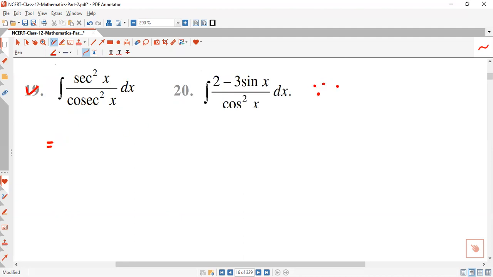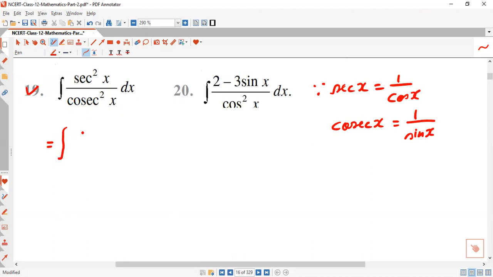Since we know sec x equals 1 upon cos x, reciprocal, and cosec x equals 1 upon sin x, we use this. Sec square x can be written as 1 upon cos x whole square, divided by cosec square x written as 1 upon sin x whole square, dx.